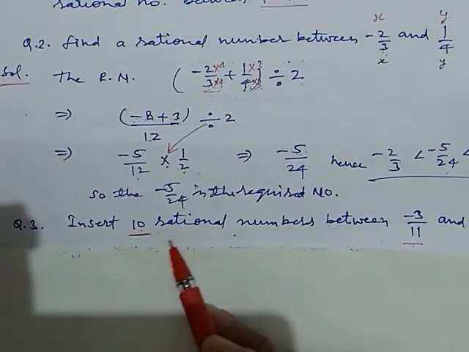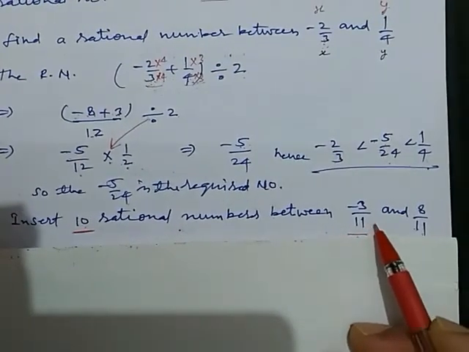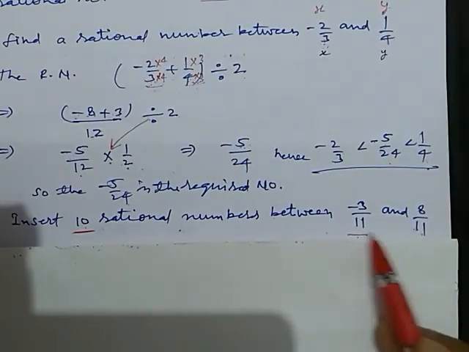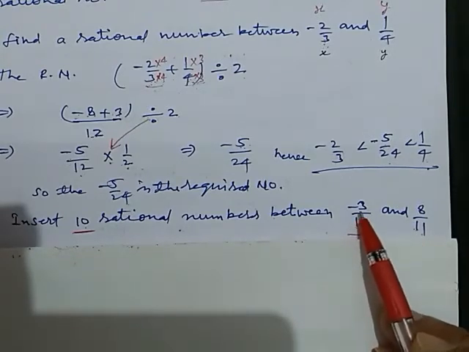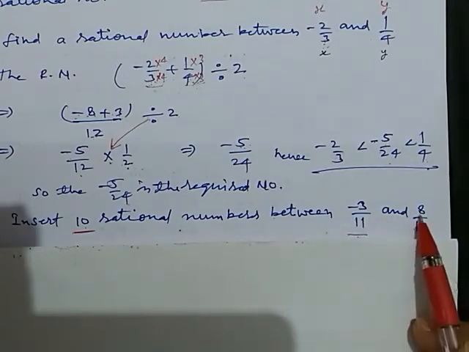Now, insert 10 rational numbers between minus 3 by 11 and 8 by 11. Here both of these fractions are like fractions. So first we check whether it is possible to have 10 numbers in between them.